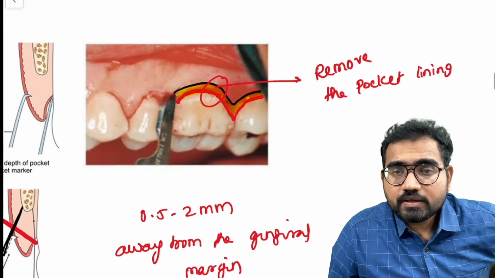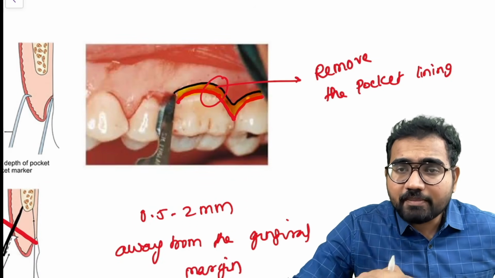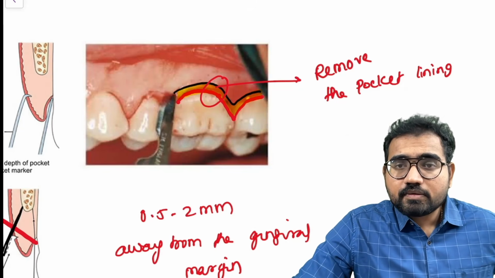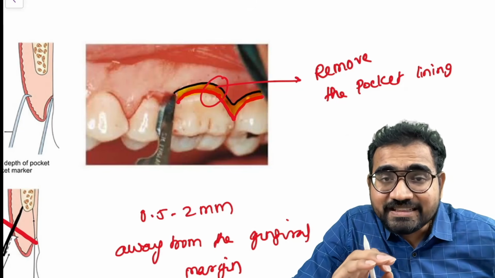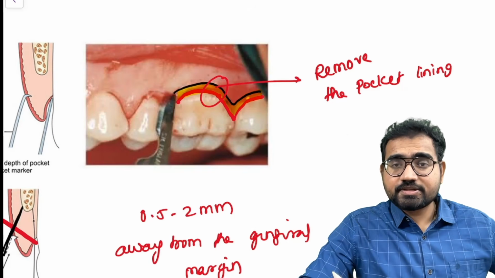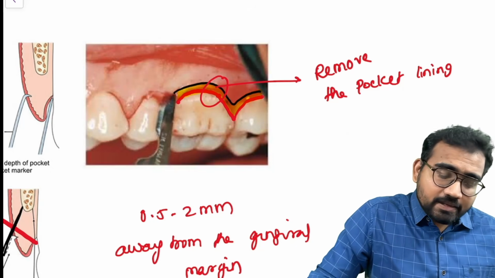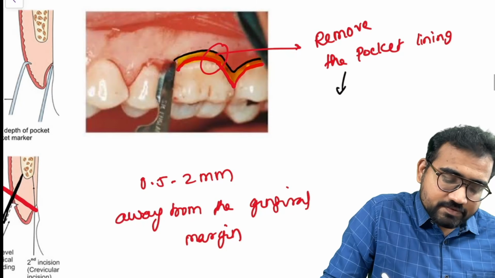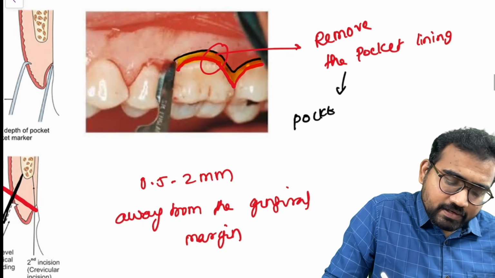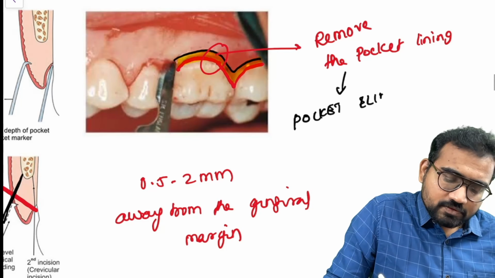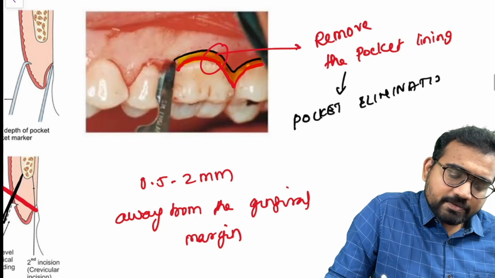So just use your common sense and tell me, am I right in saying that wherever I'm giving internal bevel incisions, that becomes a pocket elimination procedure? What does that mean?